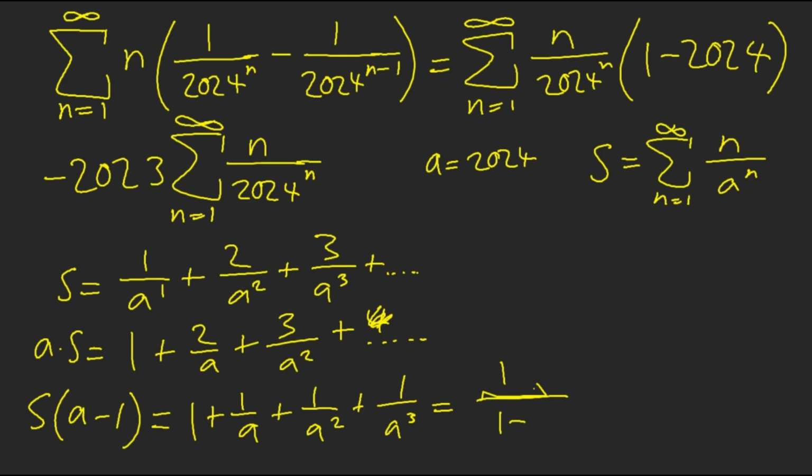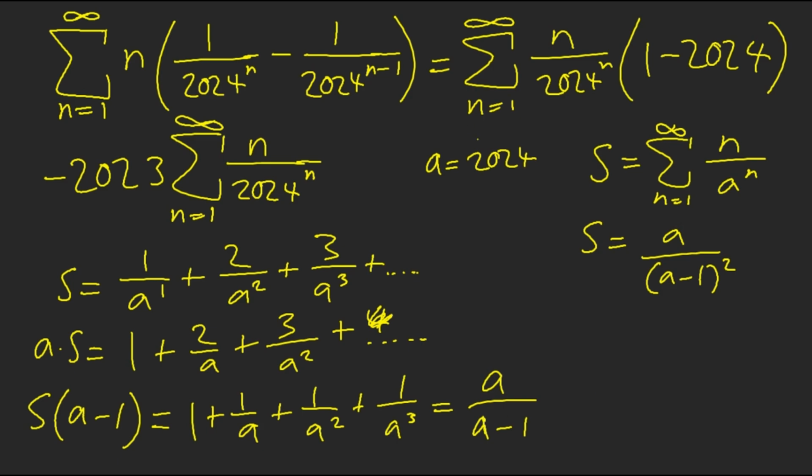We can simplify that to a minus 1, and then divide by a minus 1 on the other side. So s is equal to a over (a minus 1) squared. Aha! Again, obviously I won't be able to memorize this, but I at least know how the process goes.